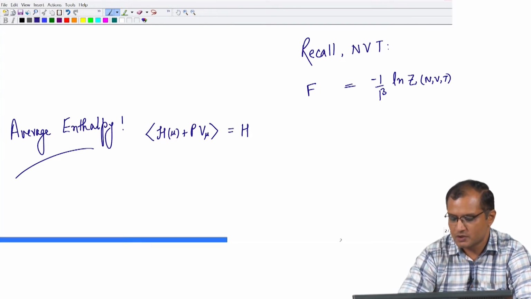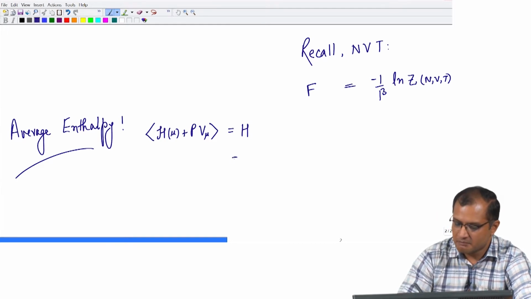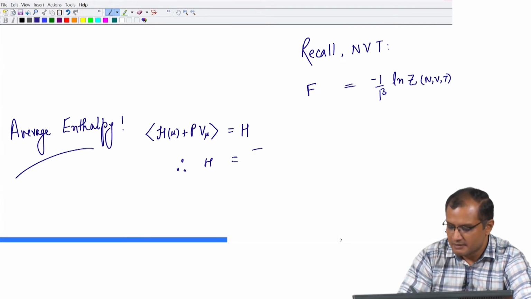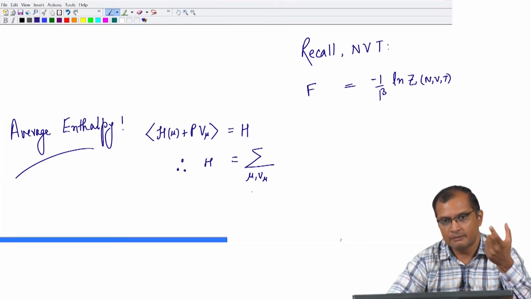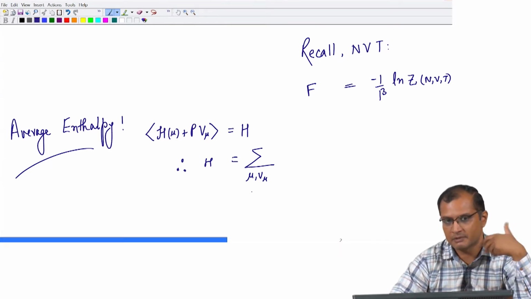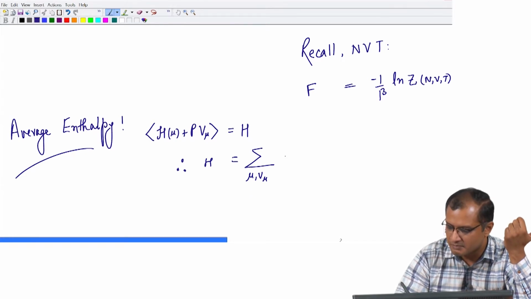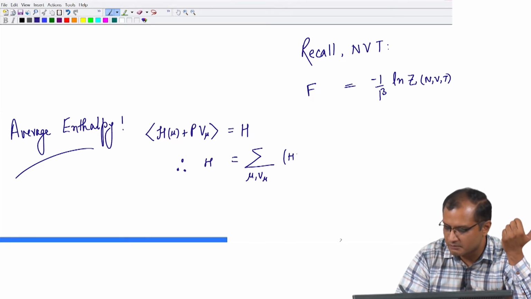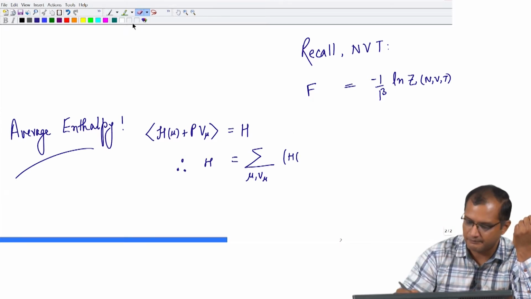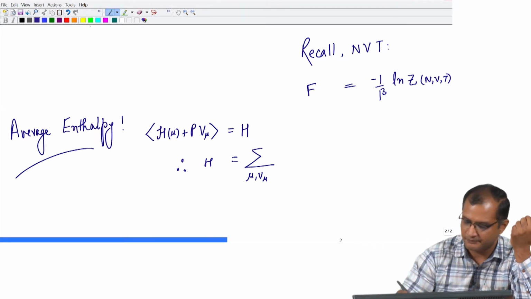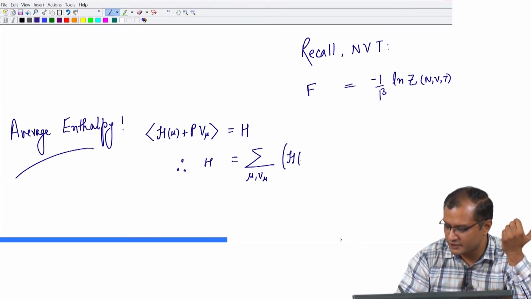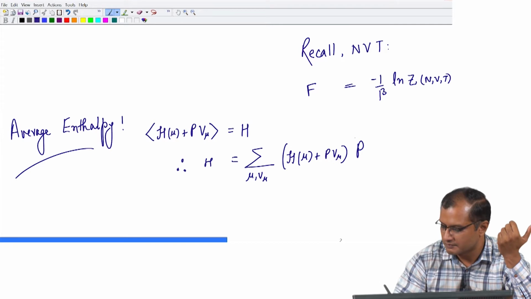I am calling it H. So, I can write down my H as a summation over mu and the volume. Jointly, mu and V represent a microstate. I am summing over all microstates, and basically weighing this thermodynamic variable in this distribution.